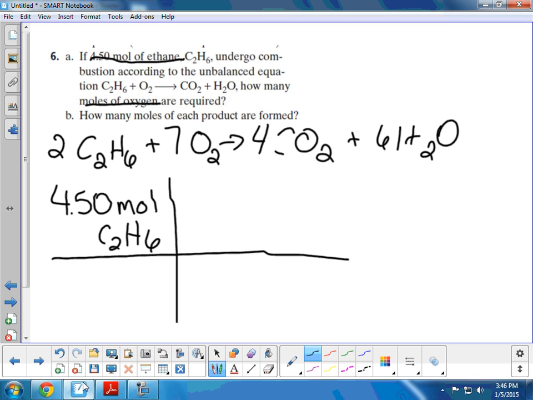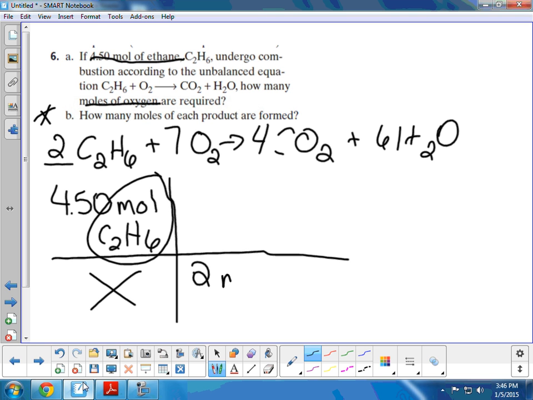We go back to our balanced equation. If I have moles of ethane here, I have to have moles of ethane down in the bottom, the diagonal box. So where am I going to find that number? From my balanced equation. I have 2 moles of ethane there.